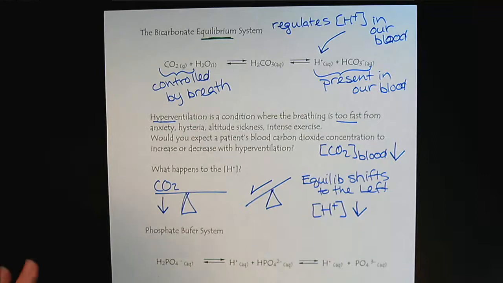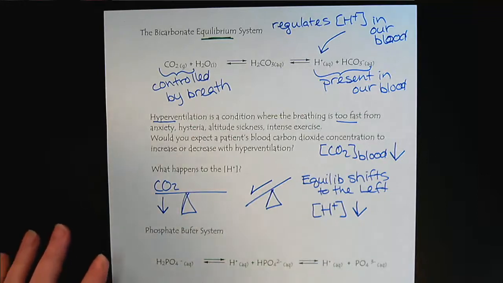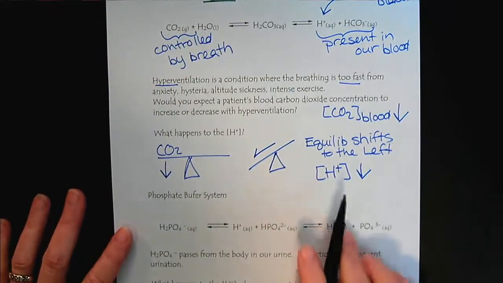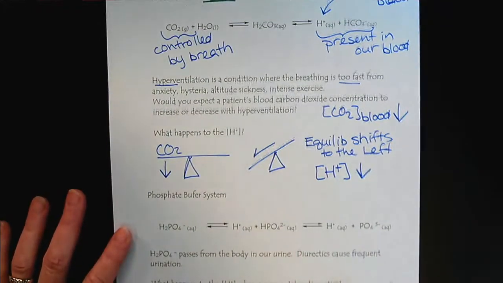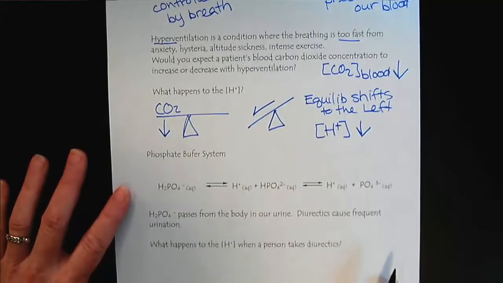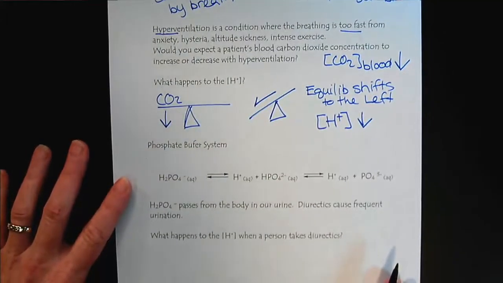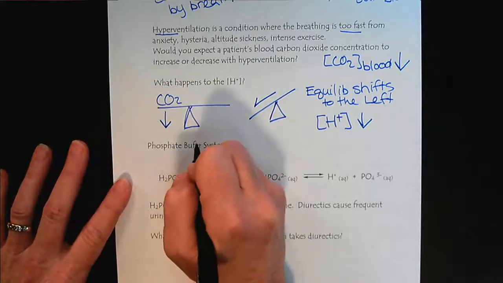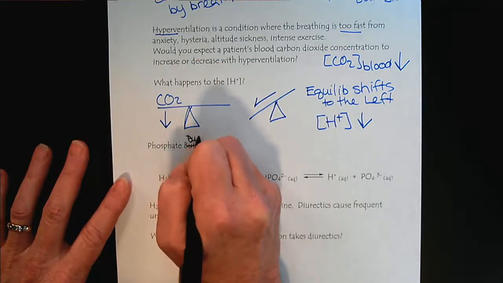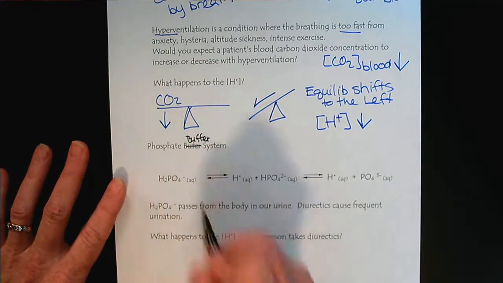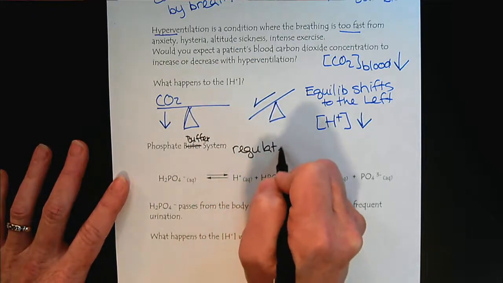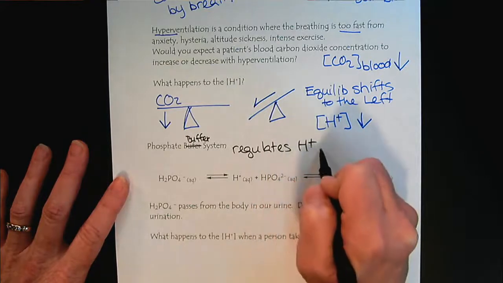Alrighty, and we will come back to this concept a little later in the tutorial series when we learn a bit more about pH. But for now, we'll just focus on the equilibrium. The phosphate buffer system, oops, got a typo there. This is important because it regulates the hydrogen ion concentration in our cells.